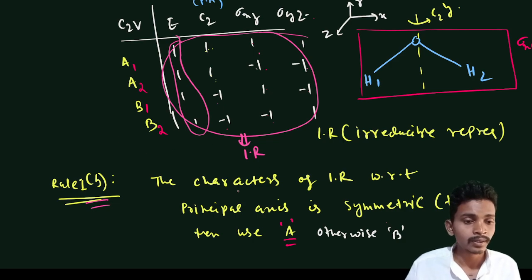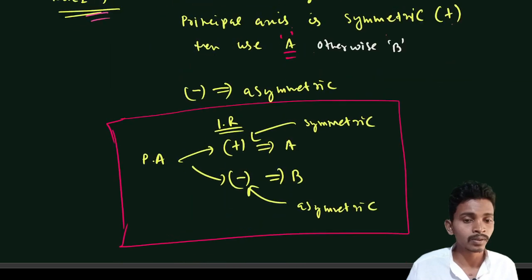So here the characters of the irreducible representation mean these characters with respect to the principal axis. This is the principal axis here. It's symmetric. Then if it is positive, you use A, otherwise if negative you use B. That is what rule 1B says.